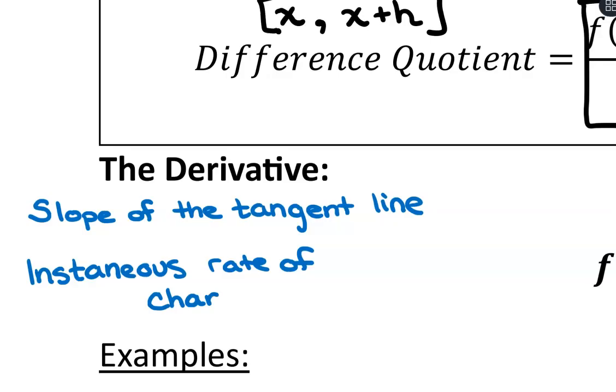So all of those terms are interchangeable with each other. It depends on what we're really talking about, but the derivative is the short name that we use, and that can apply to finding the slope of a tangent line. It can also apply to applications where we're looking for an instantaneous rate of change.